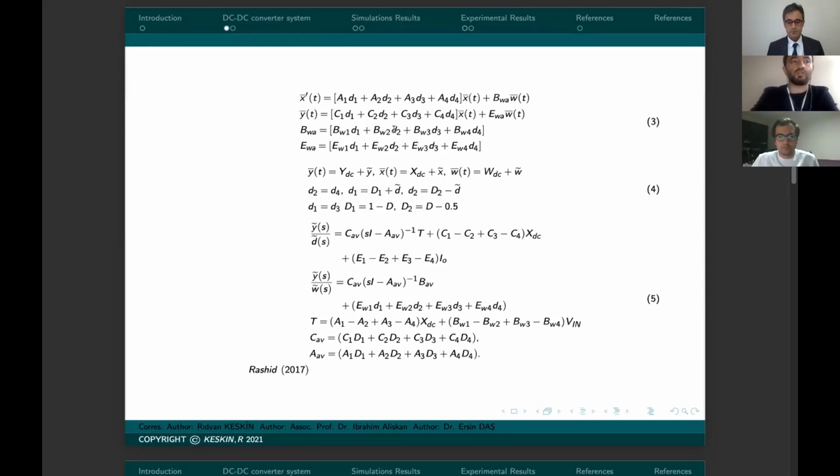Expressions are decomposed into DC and AC components. Finally, they are transformed from state space to continuous transfer functions using this classical control equation.